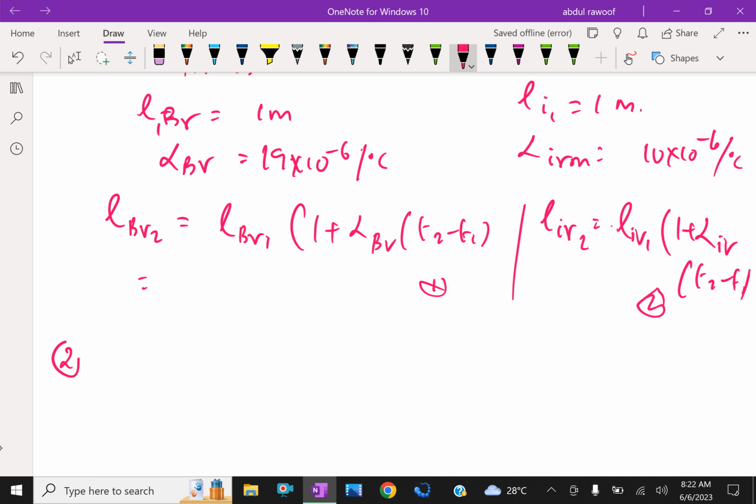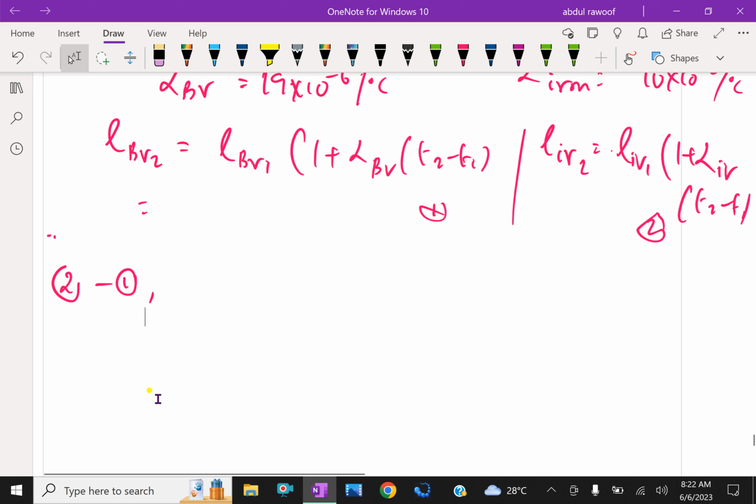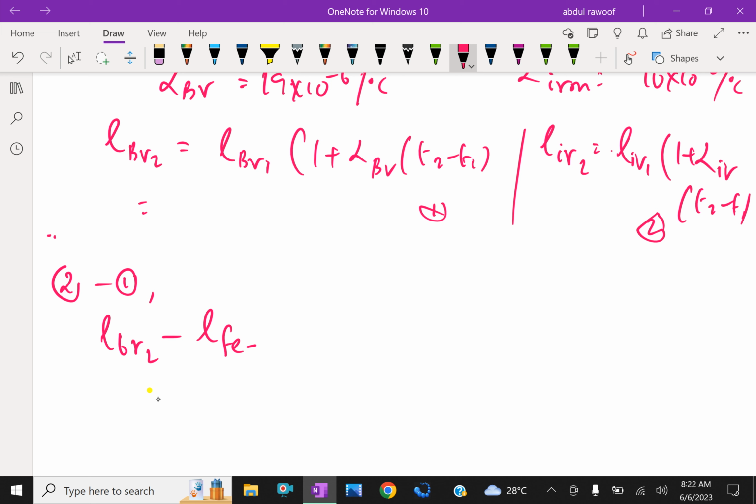Subtracting equation 1 from equation 2, we get the length of brass 2 minus the length of iron 2, the difference in length of the brass rod and iron rod in the second condition, that is the final temperature.